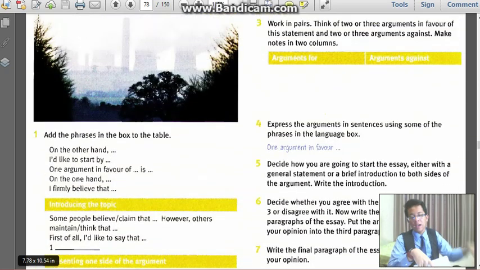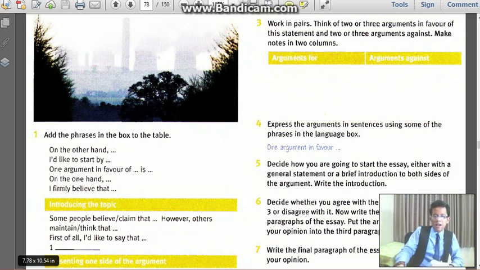Prepare it into 2 columns right over there, and you have to think of the ideas. I have thought of some, and I'd like to share some with you because I prepared them. Because this is a very important topic and very important for your writing, you've got to prepare it step by step. Then you get used to it, then you do it in the test, and it will be quick.